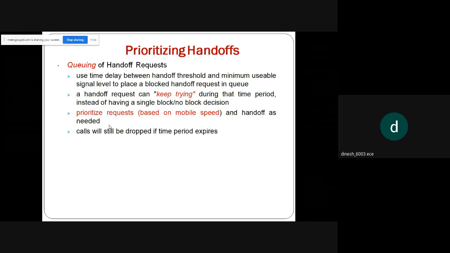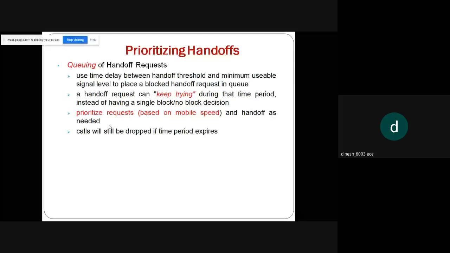Next is queuing of handoff requests. Queuing means following a strategy to service the handoffs being made by the users during the transition from cell 1 to cell 2, or from point A to point B. Why queuing is necessary is that in every scenario, one user will move from one base station to another, and there would be n number of users moving in and out.